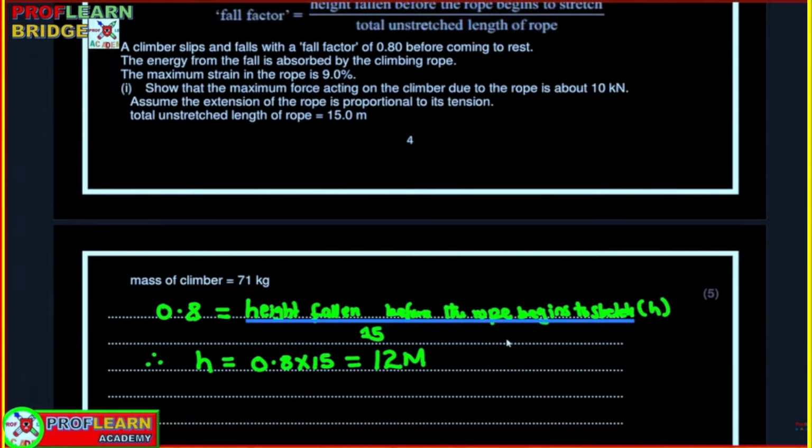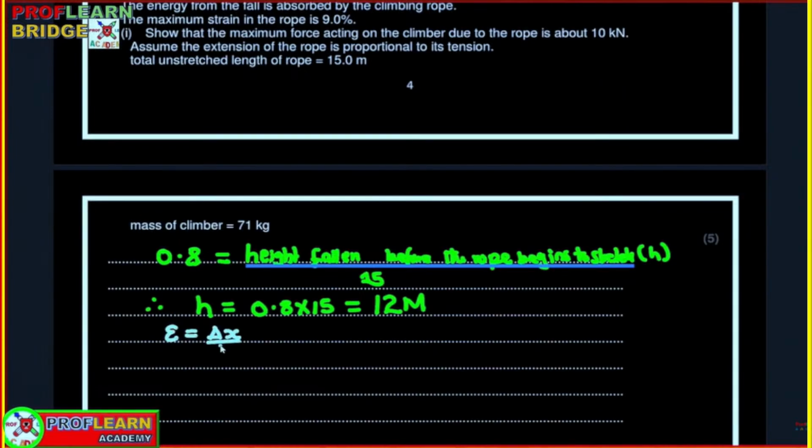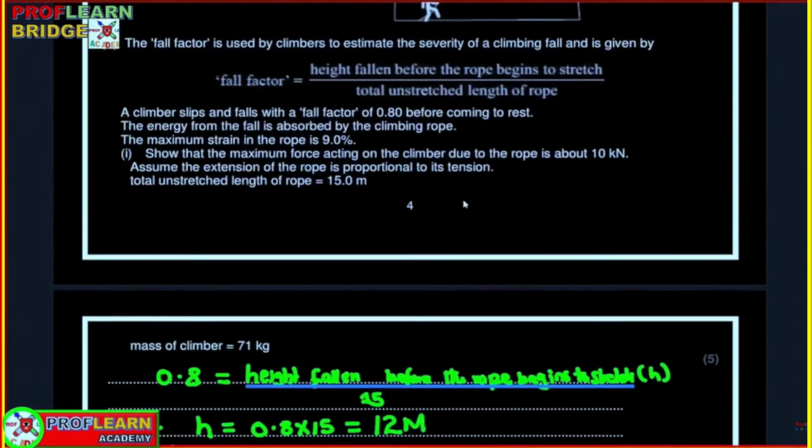Now, number 2, we need to go down here. We know that strain is equal to extension divided by the original length. Strain has no units, and because it's a ratio between two lengths, it can also be expressed as a percentage.